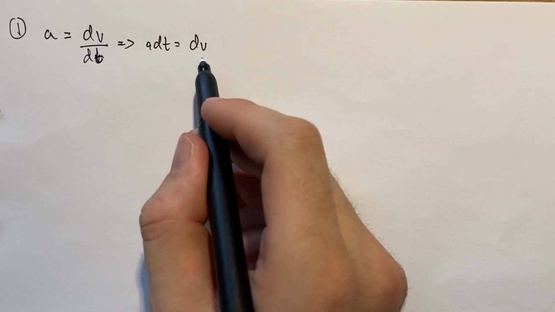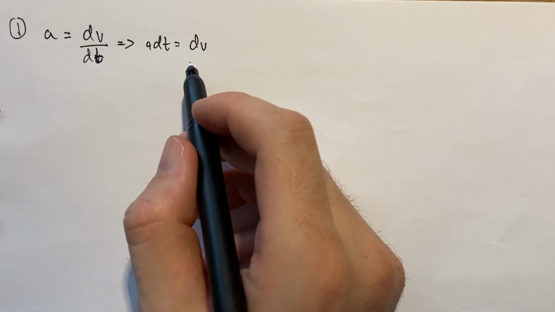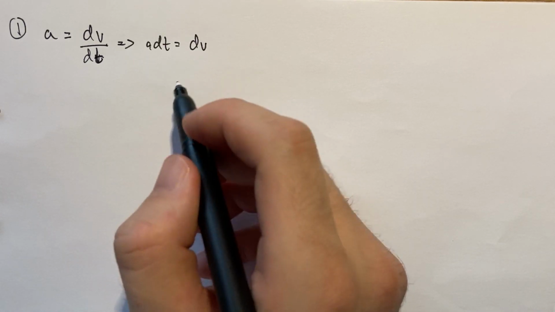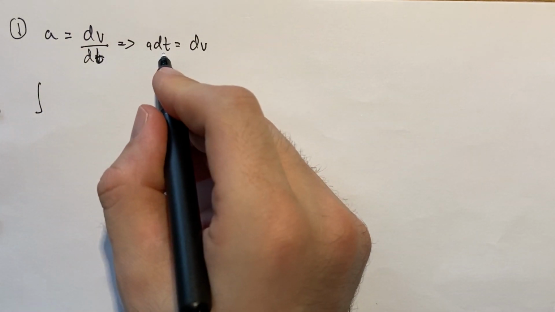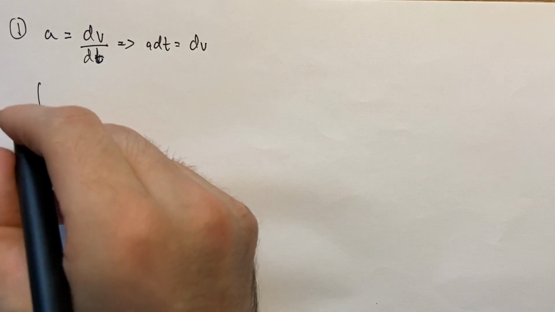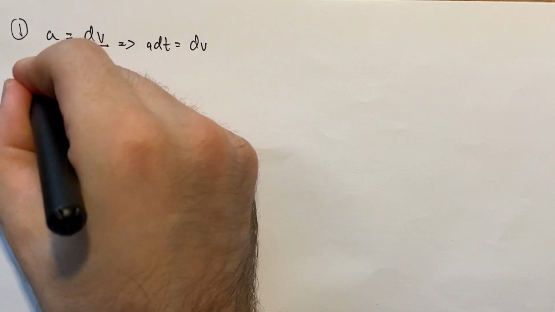And this is a differential equation that we can solve pretty easily. Let's go ahead and integrate both sides. And the limit when it comes to time would be from time 0 to some time t.